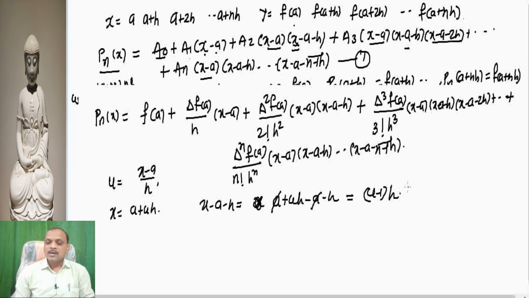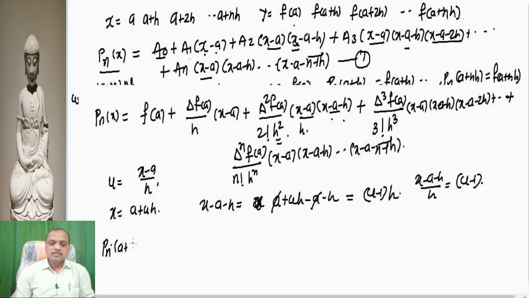So x minus a minus h divided by h is nothing but u minus 1. Therefore x minus a divided by h will be u, and this will be u minus 1.